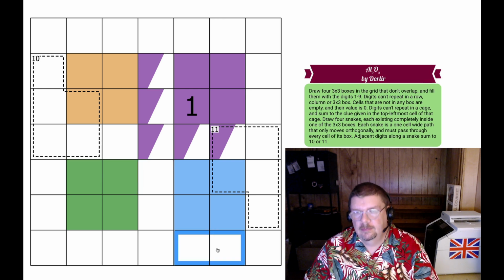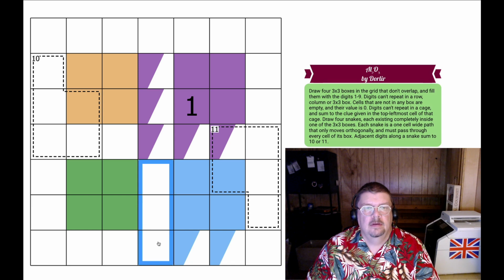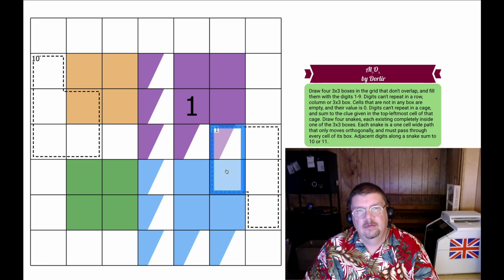So first of all, that forces those 2 cells to be in our blue box. Can these 3 be in? And the answer to that, I think, is no. Because these 2 are corner cells.